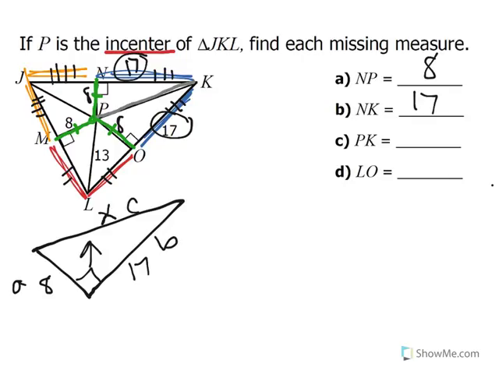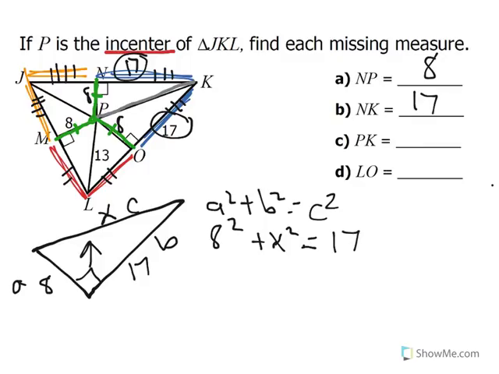Doesn't matter which ones are A and B. And then we'll use our Pythagorean theorem, A squared plus B squared equals C squared. So 8 squared plus x squared equals 17 squared. And then evaluate.